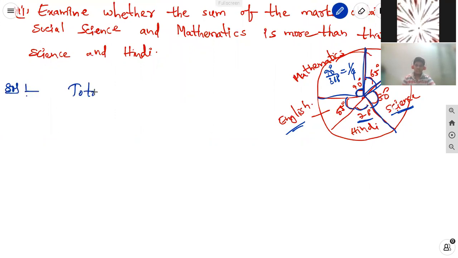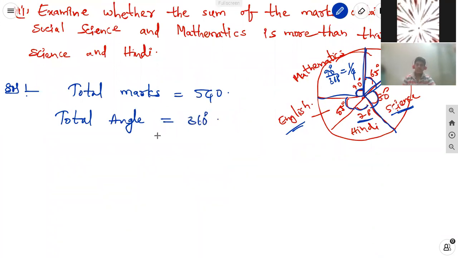Total marks equal to 540 marks. Total angle, how much? Total angle, the central angle, is 360 degrees. Here 1 degree is equal to total marks by 360 degrees. 1 degree equal to how many marks?